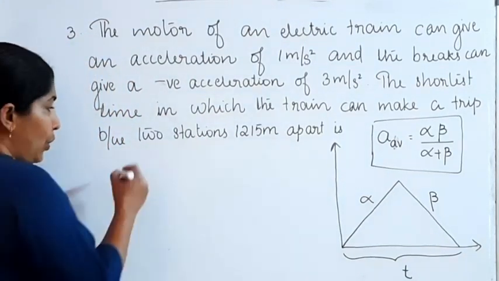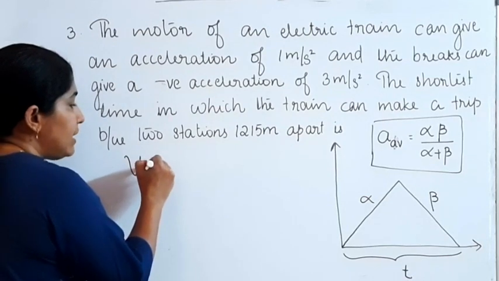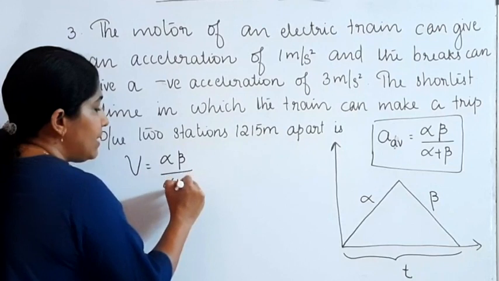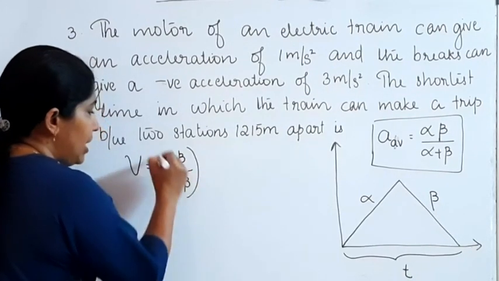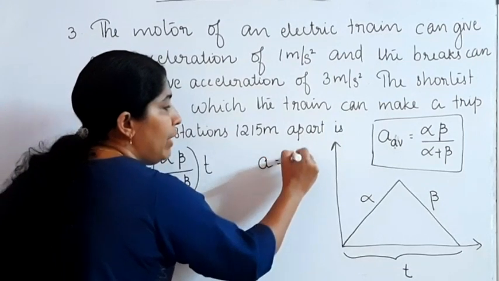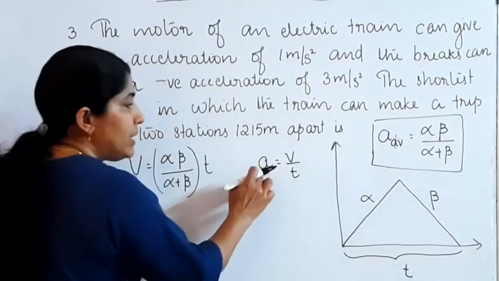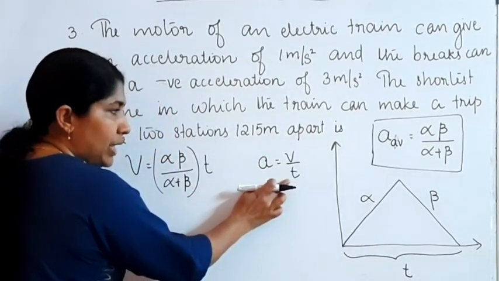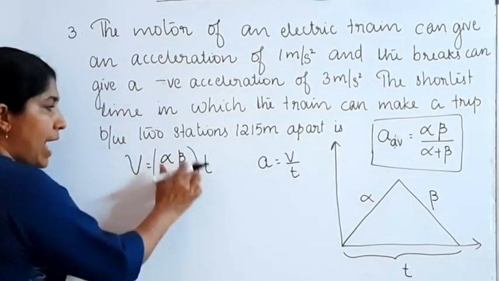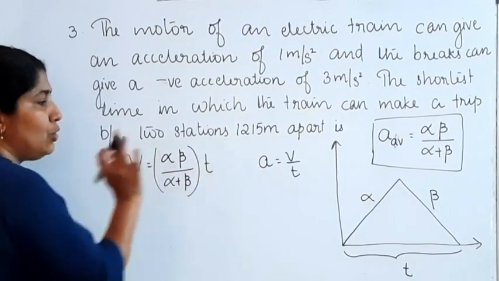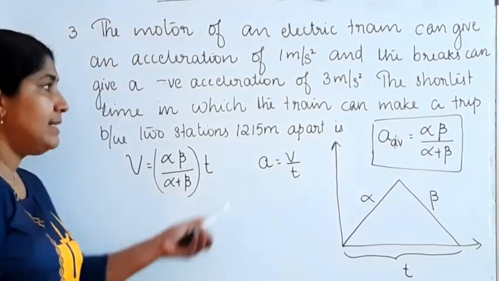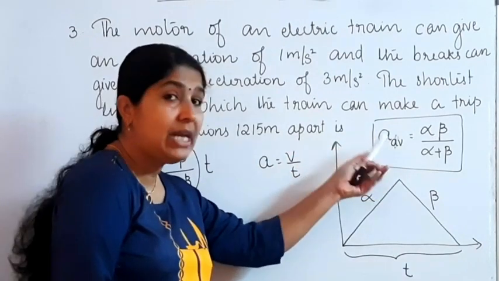Acceleration is known, then velocity v is equal to alpha beta divided by alpha plus beta into time. We know that acceleration is equal to velocity by time. Then velocity is equal to acceleration into time. Okay. Therefore, velocity here is equal to average acceleration into time. This is the equation for the velocity. This is the equation for the average acceleration.